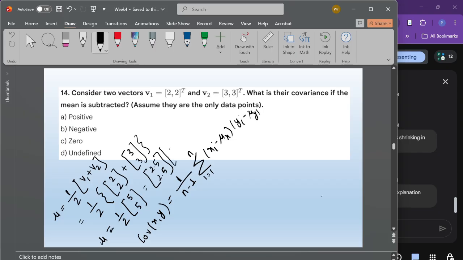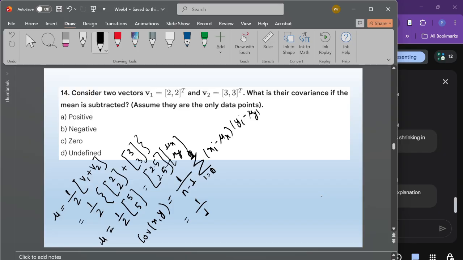The first term corresponds to mu x, and the next one corresponds to mu y. Just put the values here. Two vectors are there, so n is equal to 2, so n minus 1 will be 1 only. Now open the summation and put in all these values.